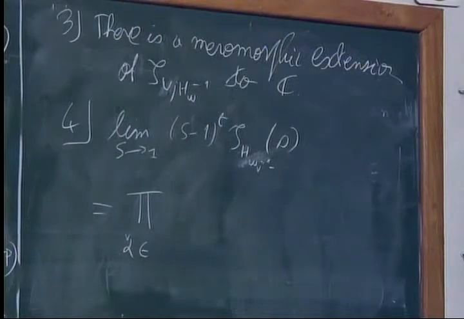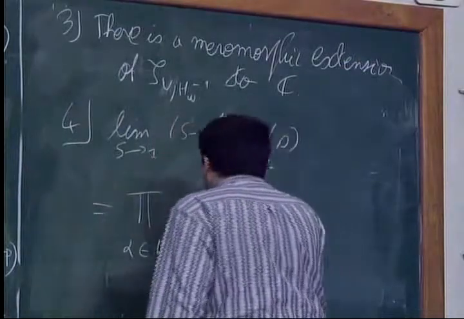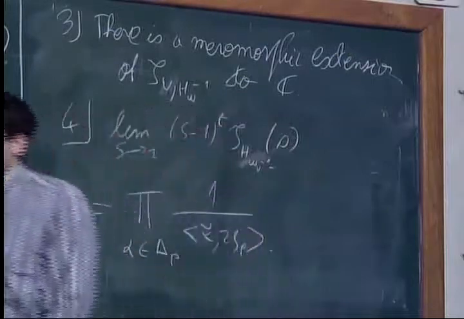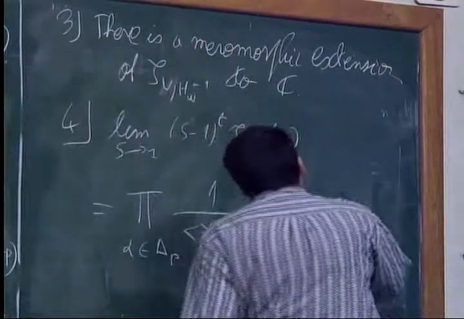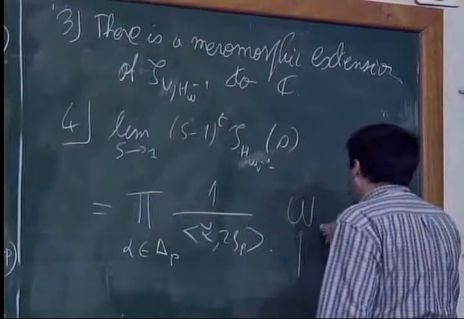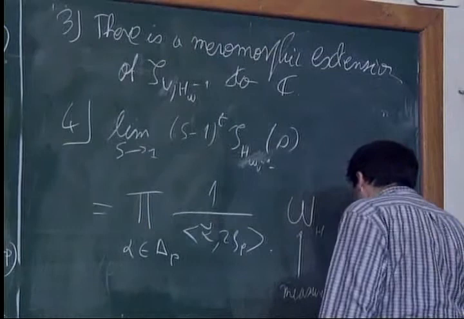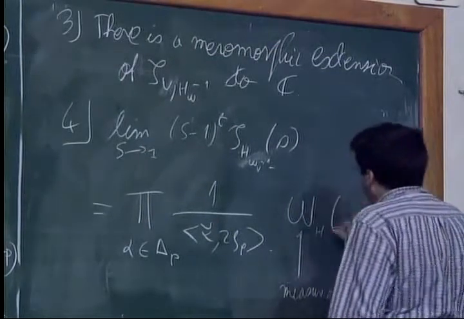It's something related to the root system. Well, it doesn't matter that much. So there is a rational constant which has this form, multiplied by something which is more interesting, namely the volume for some measure on the adelic space.